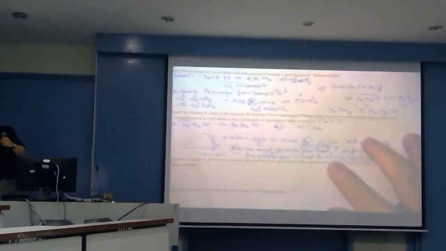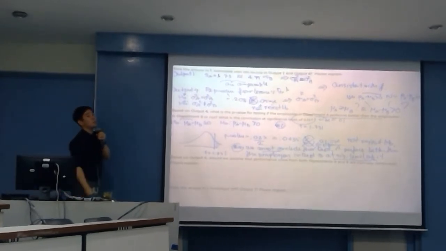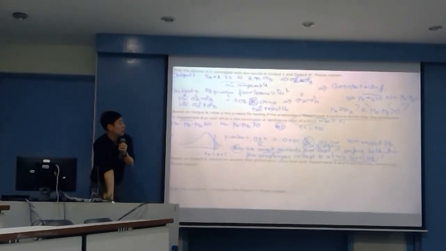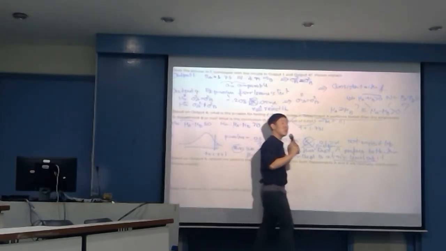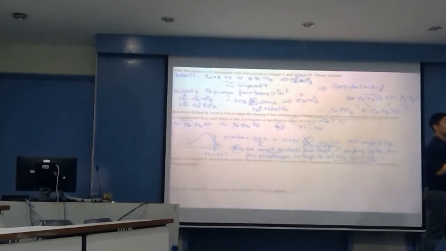Also keep in mind that in the conclusion you have to specify the significance level. This is very crucial, because if you change to 5%, you will reject. The answer will change.